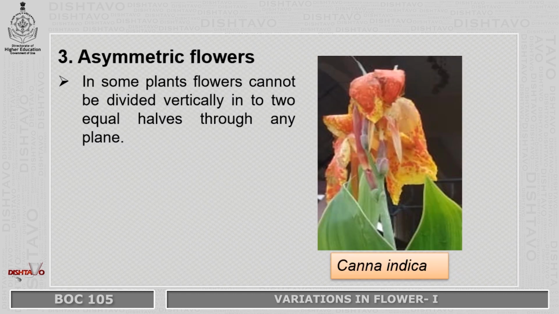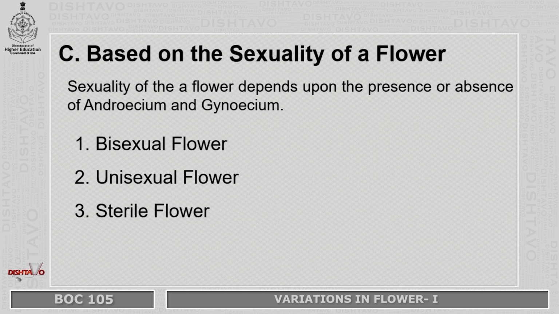The next type of flower is asymmetric flower. There are certain plants that bear flowers which cannot be divided into two equal halves through any plane. The example of the flower which shows this condition is Canna indica. The flowers are also categorized based on the sexuality of a flower.